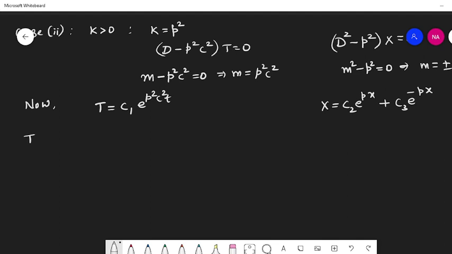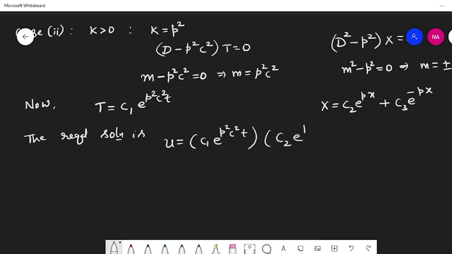The required solution is u equal to C1 e power p square c square t into (C2 e power px plus C3 e power minus px). That completes case 2.